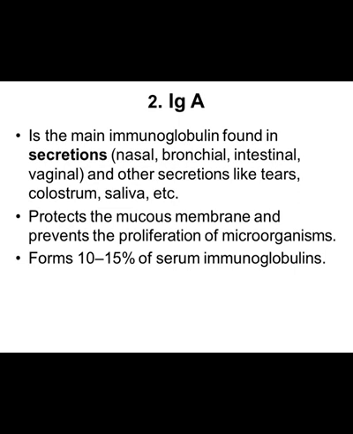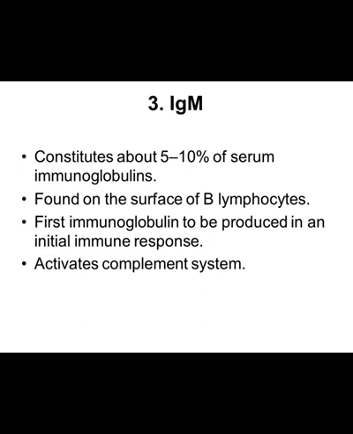It constitutes 10 to 15% of the serum immunoglobulins. Now, third one is the IgM, which constitutes about 5 to 10% of the serum immunoglobulins. This immunoglobulin is found on the surface of B lymphocytes. It is the first immunoglobulin to be produced in an initial immune response. It activates the complement system.